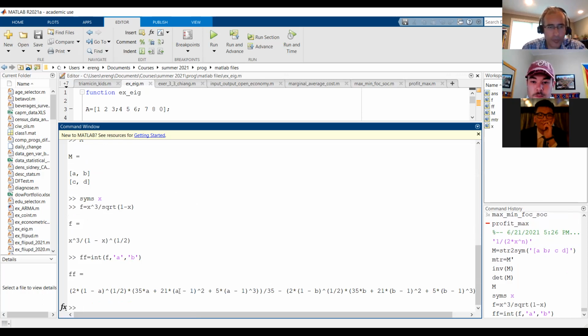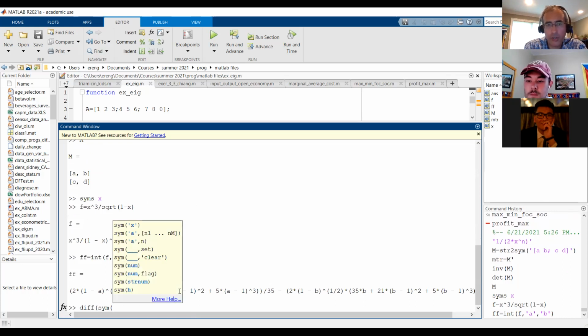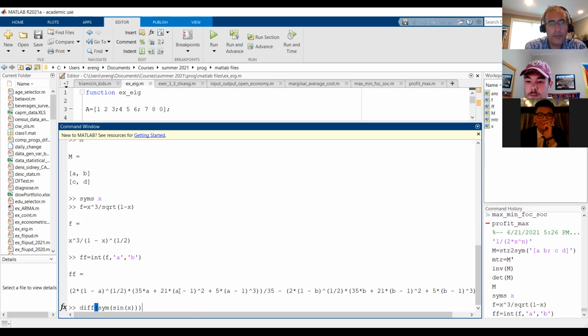So we can also do another type of direct definition. For example, I want to take the derivative, and I can define the sym directly in my function of sine of x. So this sym implies symbolic. Consider x as symbolic, the variable is going to be symbolic, and apply my sine function that we already have.